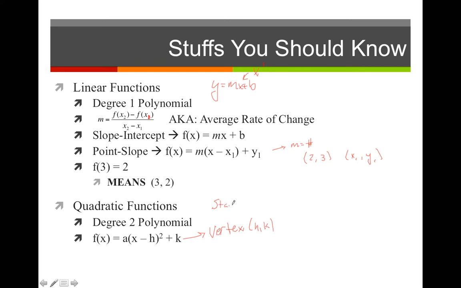Standard form is ax squared plus bx plus c equals f of x. And vertex form is a times x minus h, squared, plus k, given a vertex of (h, k). And you should obviously know the quadratic formula by now.